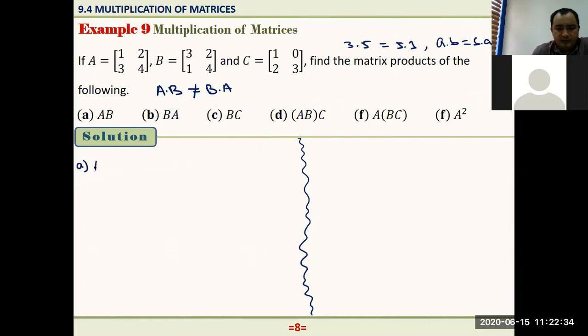A times B. Now I will do this a bit faster. I hope that you understand how we multiply two matrices together. The first matrix is 1, 2, 3, 4. The second matrix is 3, 2, 1, 4. So the resulting matrix will be a 2 by 2 matrix.